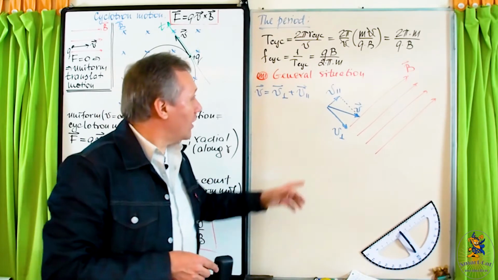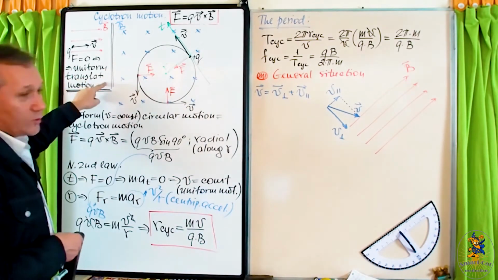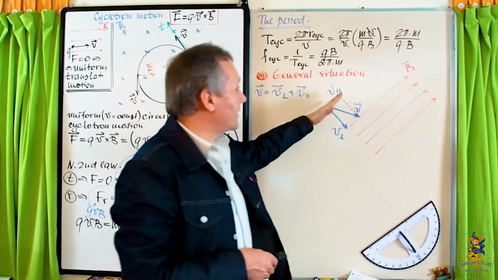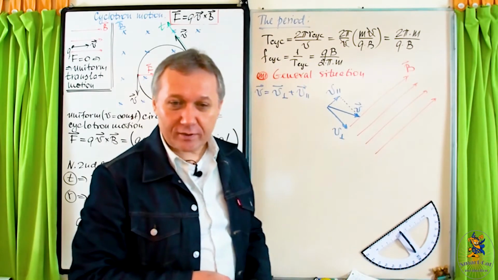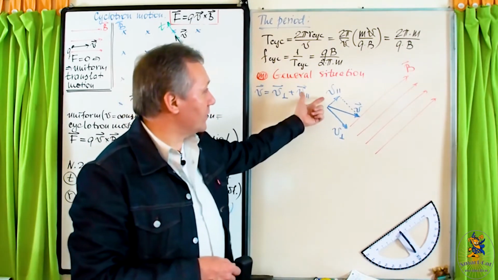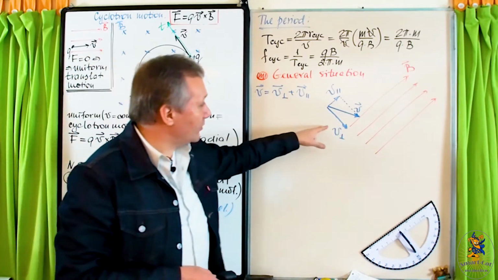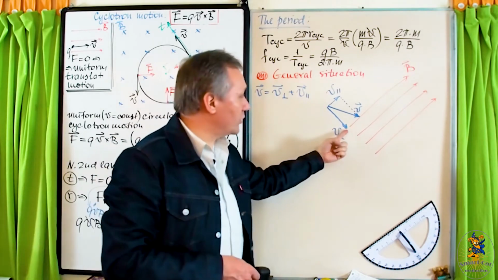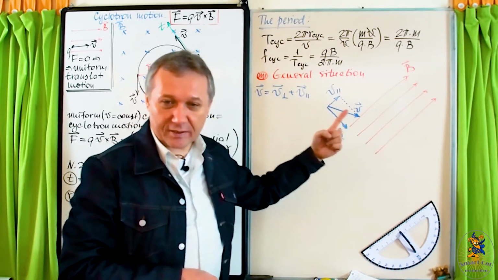And then, of course, the parallel component is going to give us uniform translational motion. So this velocity stays exactly the same, and a particle will travel along the magnetic field lines with this parallel velocity. The perpendicular component is going to give us cyclotron motion, so a particle is going to circle around these magnetic field lines.